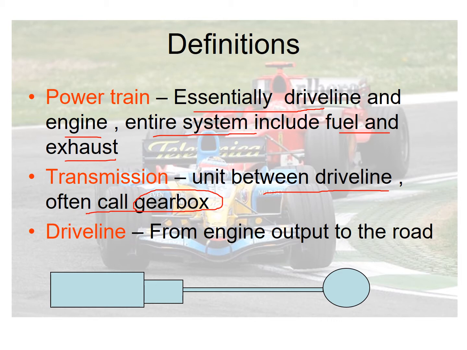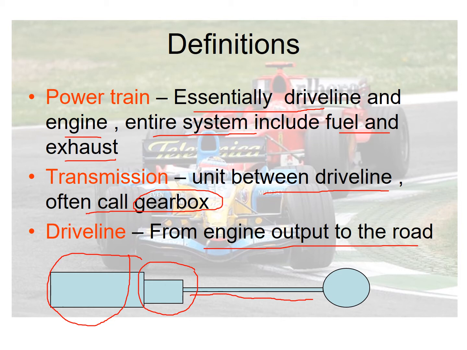It is the system from the engine output to the road, meaning if this is the engine, usually for the power of the engine, we use a transmission to connect the power to the wheel. So the end result is the movement of the wheel on the asphalt or road.